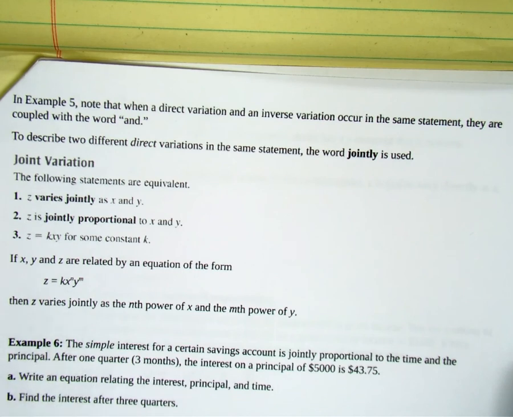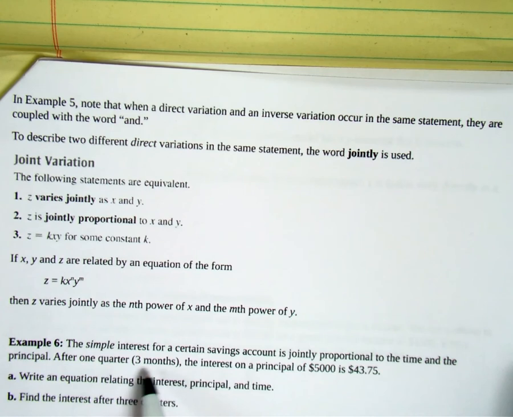So z varies jointly as x and y. Z is jointly proportional to x and y. Z equals constant k times xy. And you could even put more in there. If it was with a power variation, they're going to mention that it is the nth power or whatever power of x or y.